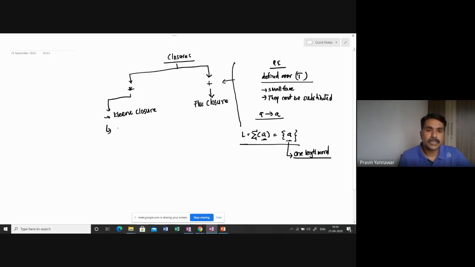Now, Kleene closure says that it is zero or more, and plus is called one or more. Zero or more means the length of the word may be zero or more. Here, the minimum length of the word is one.